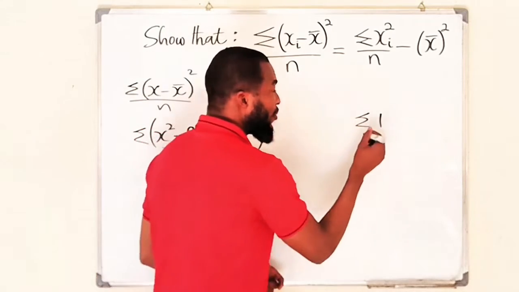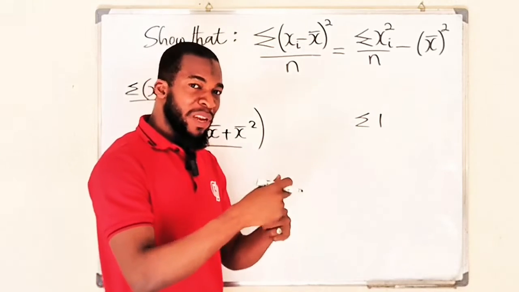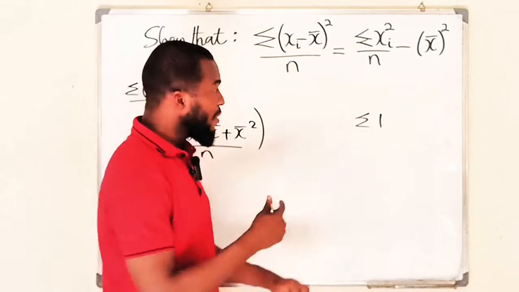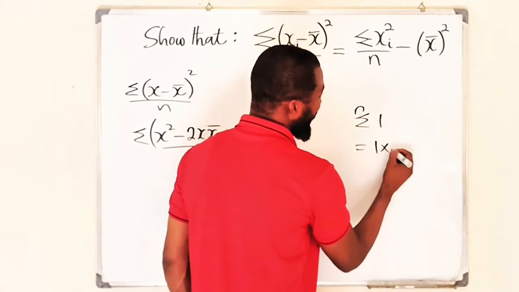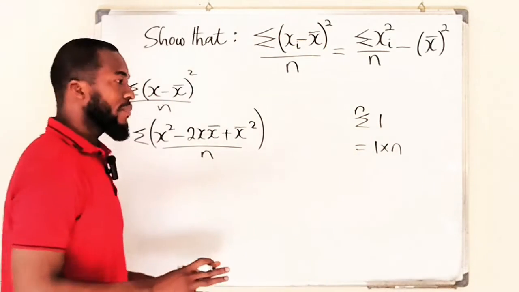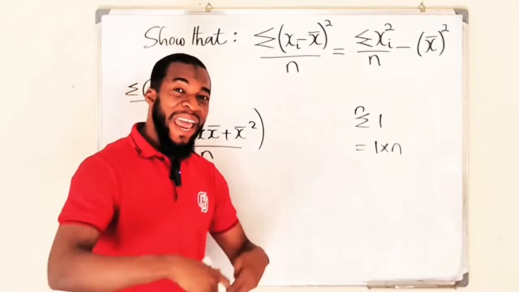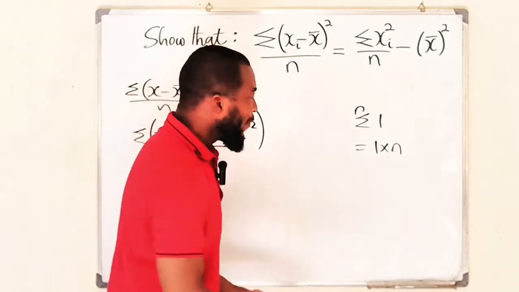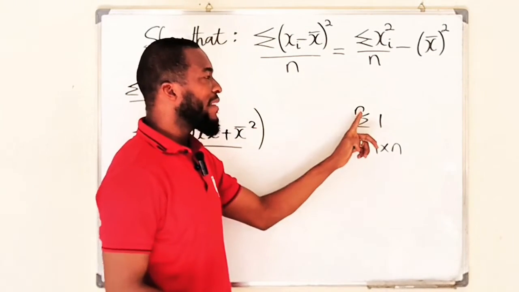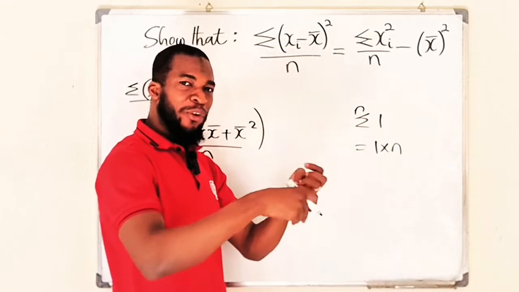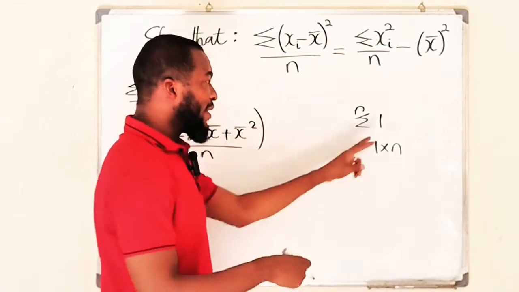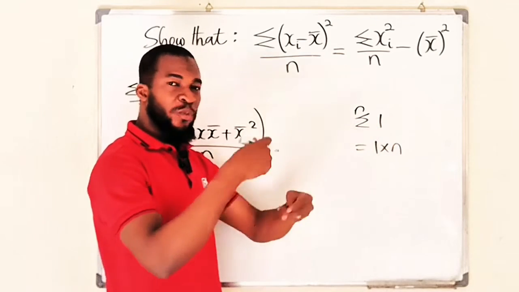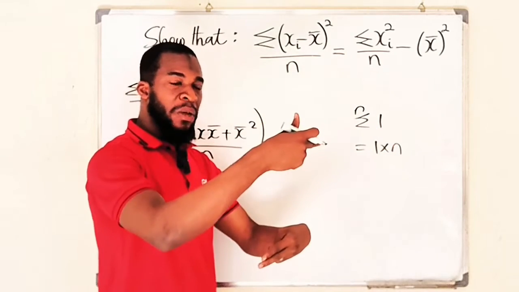So if it is the summation of the mean, it will be the mean plus the mean plus the mean, up to n times. So instead you can write it as 1 times n. For instance, if n is 10, it means 1 plus 1 plus 1 after 10 times, so you can simply say 10 times 1. Even if it is 2 as a constant, it means 2 plus 2 plus 2 ten times, which is equivalent to 10 times 2.